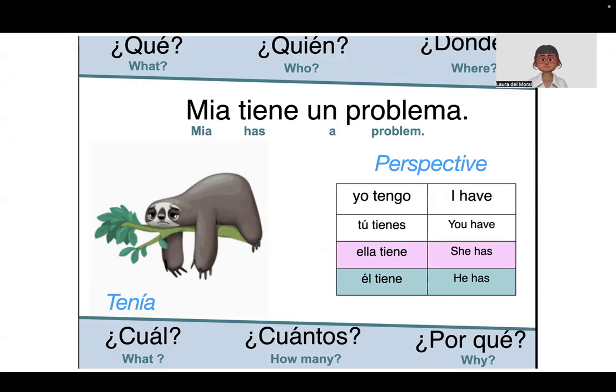So here, Mia has a problem. You create the story and you start playing with perspective and co-creating: how many problems do I have, and the students have to guess. Oh, many, 100, two, three, and then you come up with something really unexpected.